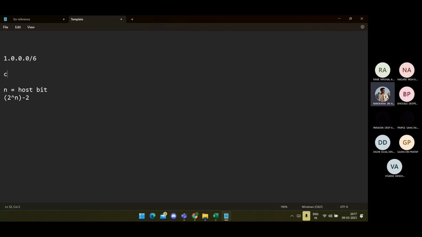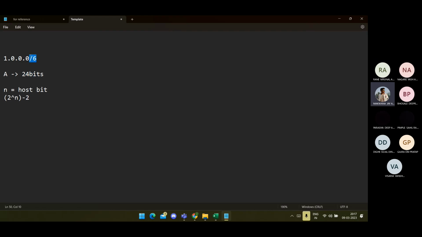First of all, we have to see which class it belongs to. This is /8 and below. Below /8, it will be considered as class A. So it is class A, right? Now, how many host bits does class A have? It has 24 bits, right?